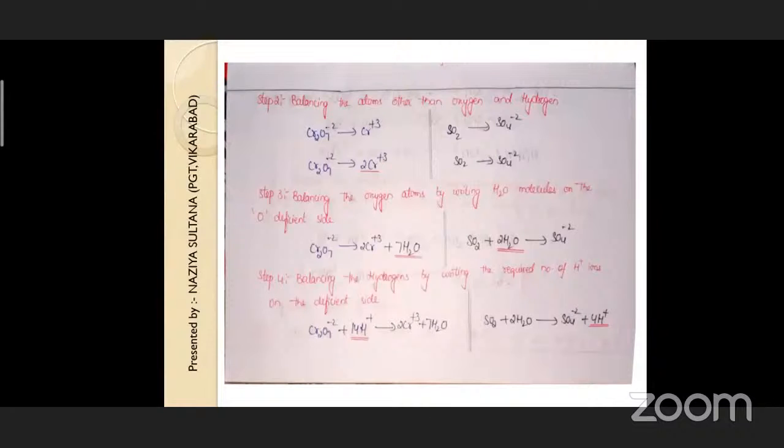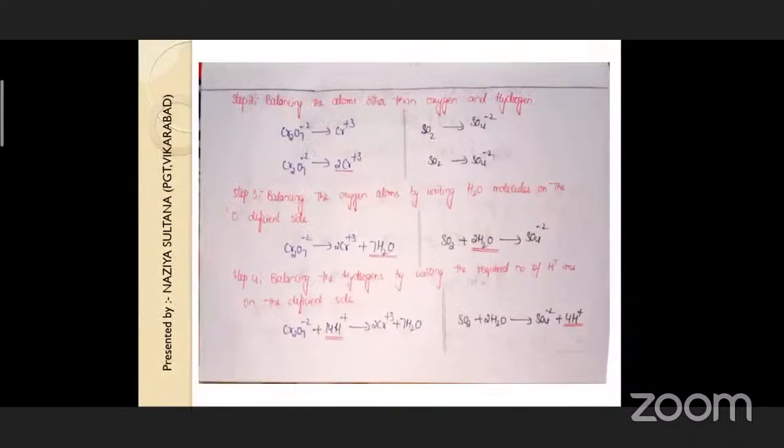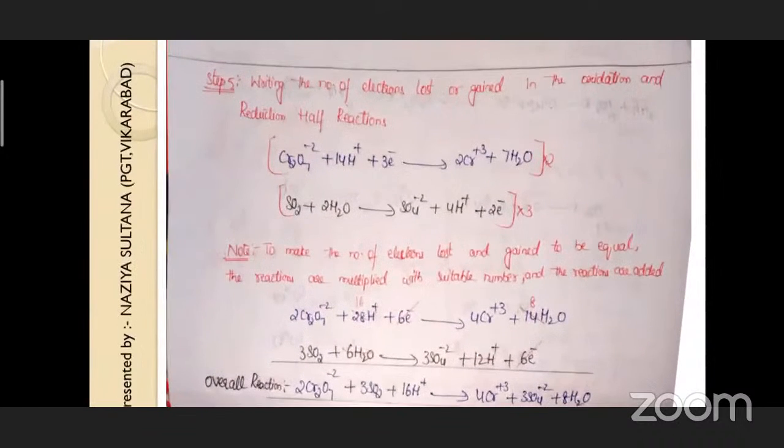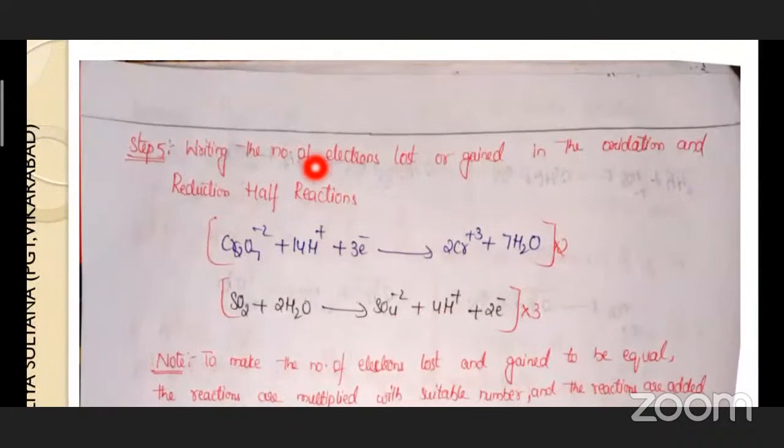Then we have balanced oxygen, then hydrogen. Now it is the turn of balancing the electrons. This next step is writing the number of electrons lost or gained in the oxidation and reduction half reactions.